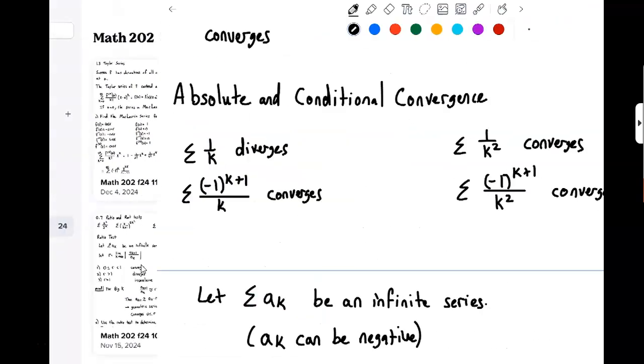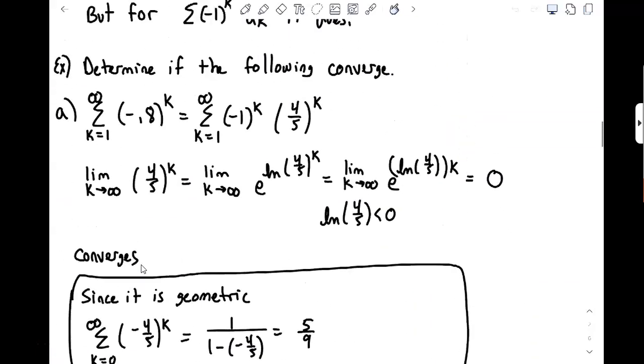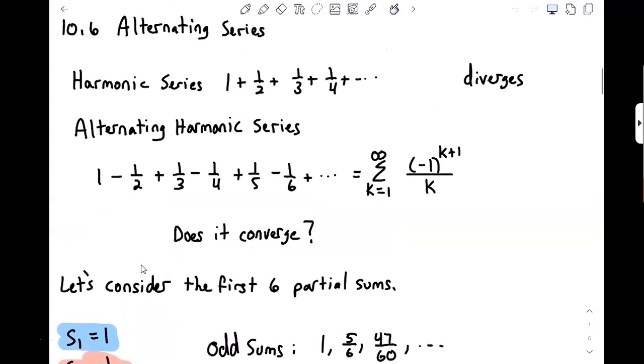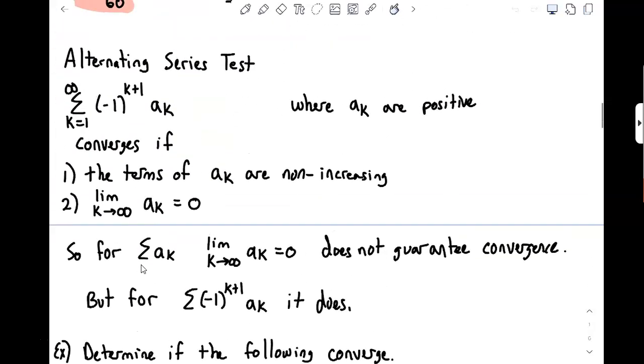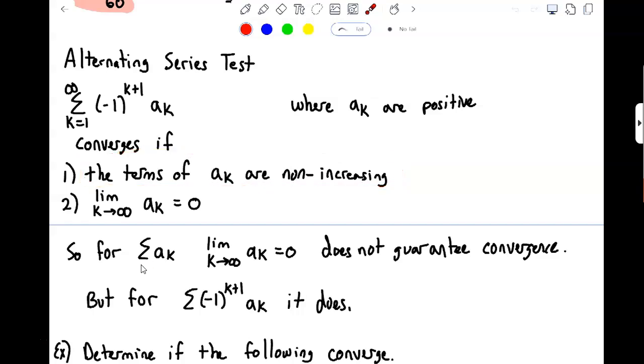So if we return now to 10.6 with the alternating series, our result required two things, and that is that beyond a certain point, the terms of the a_k sequence need to be non-increasing, or typically decreasing. But non-increasing is enough. Right? Terms have to be decreasing, so they need to be getting smaller. And the limit of the a_k terms needs to go to 0. And those are the two things that we need to have happen.